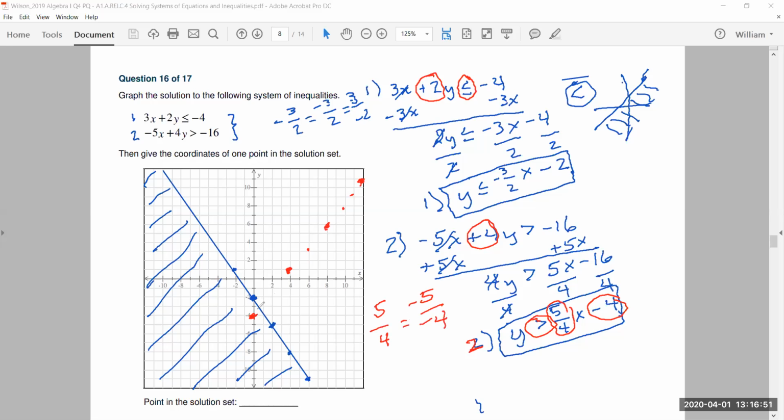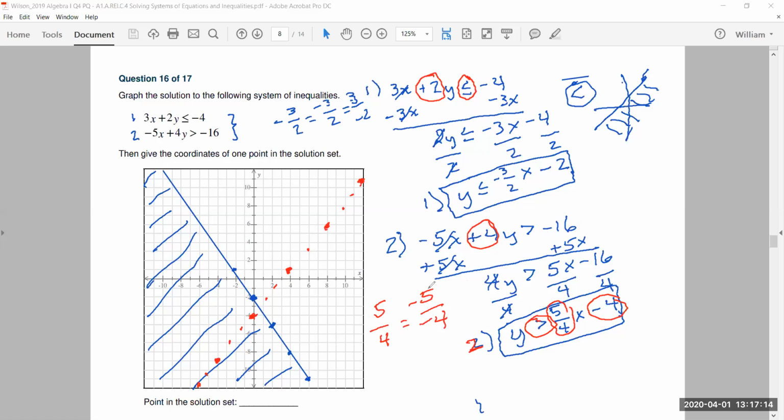So we can go downward 1, 2, 3, 4, 5, and over 1, 2, 3, 4. So there's another point. I'll just dot that line in a little bit. All right, so this remains a dotted line because it's a greater than, not greater than or equal to.